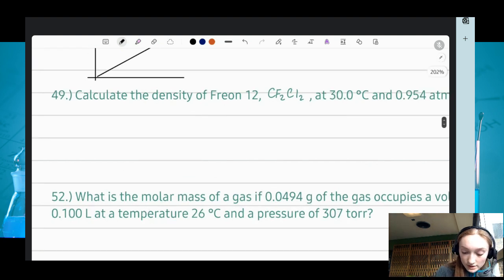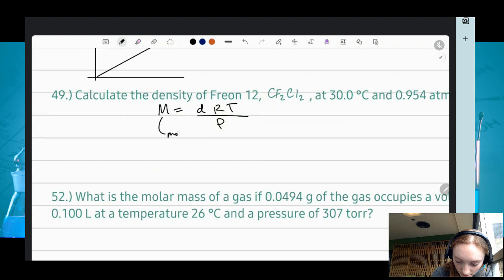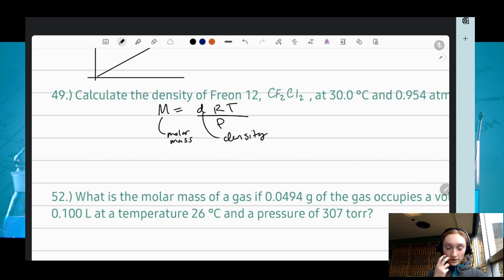So we're going to be using the equation, the molar mass is going to be equal to dRT divided by P. The capital M is molar mass. The lowercase d is the density, and that is what we're trying to solve for here.